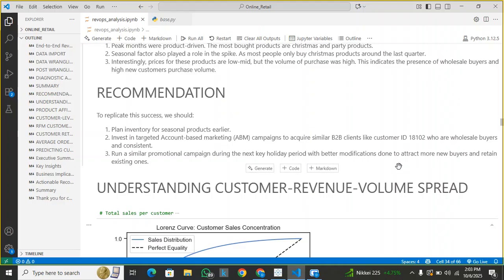We saw how consistent customer 18102 is. Run similar promotional campaigns during the next key holiday period with better modifications done to attract more new buyers and retain existing ones.